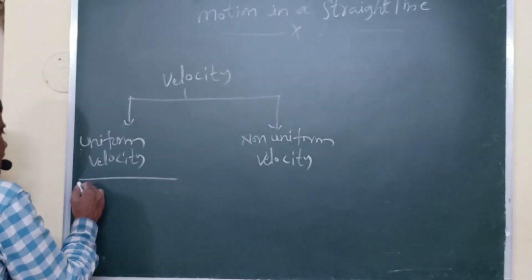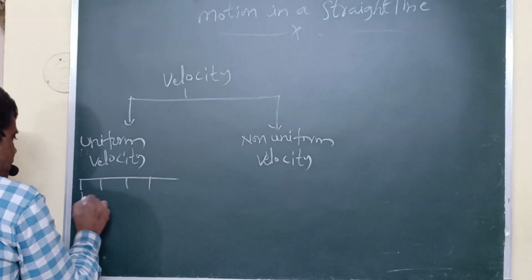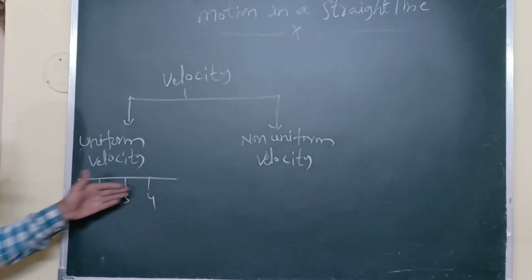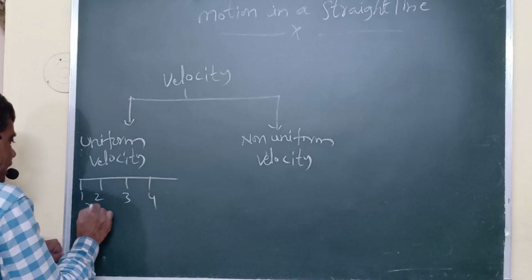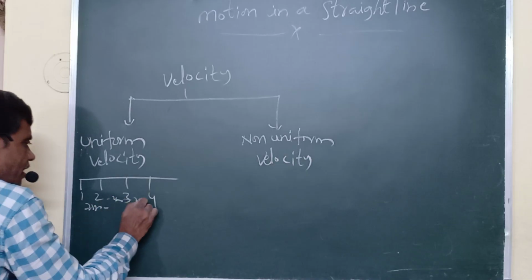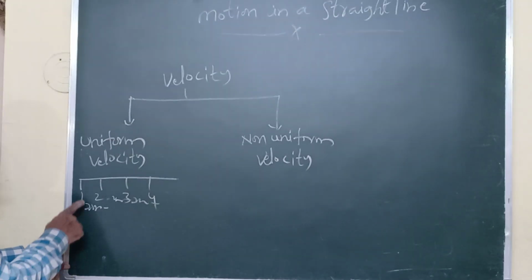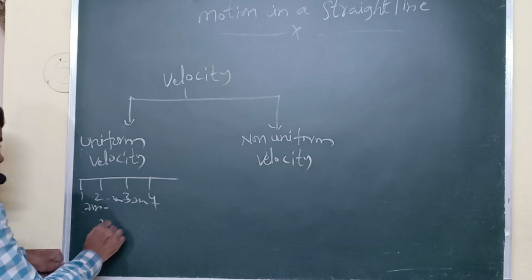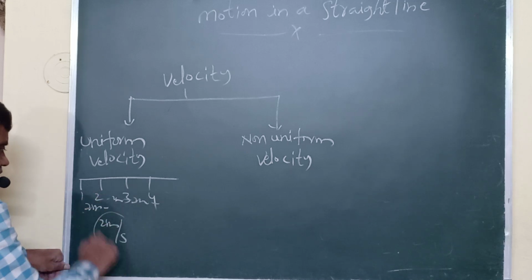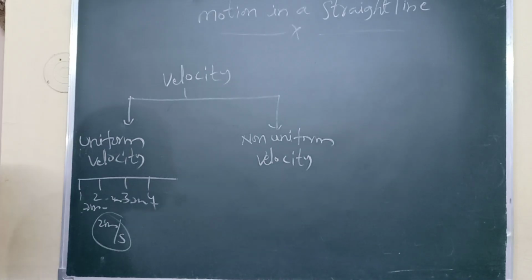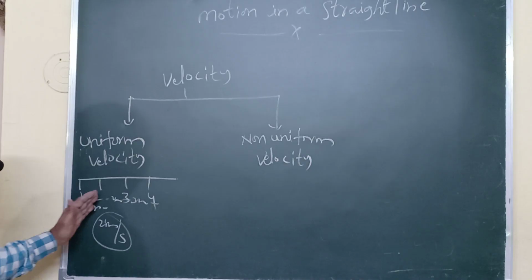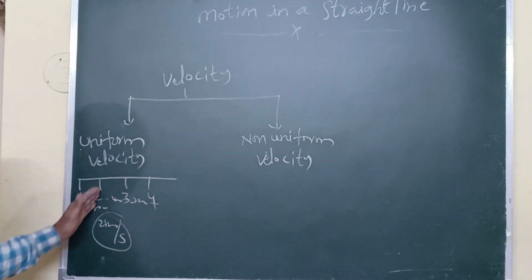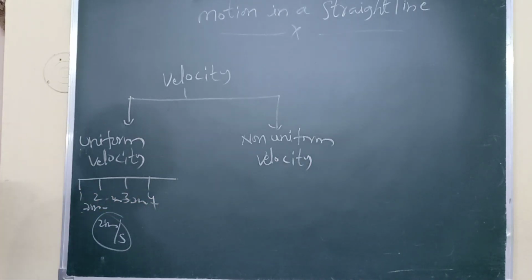In equal time intervals, traveled displacement same. For example, here 2 meters traveling, here also 2 meters, here also 2 meters. Displacement 2 meters, duration 1 second. So 2 meters per second is the velocity. This is called uniform velocity. In equal time intervals, traveled displacement is same. That is called uniform velocity.